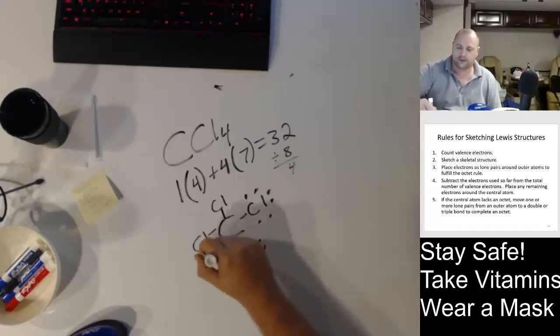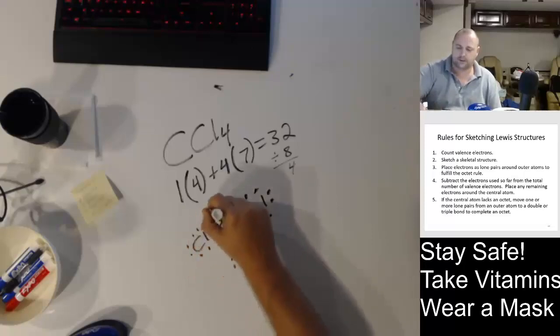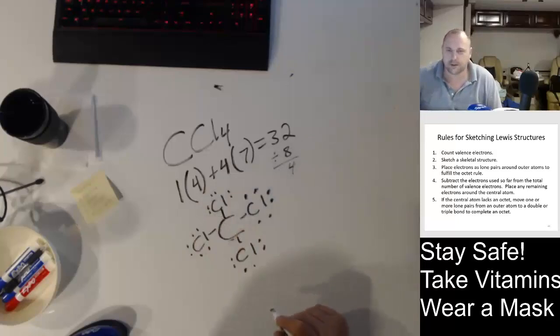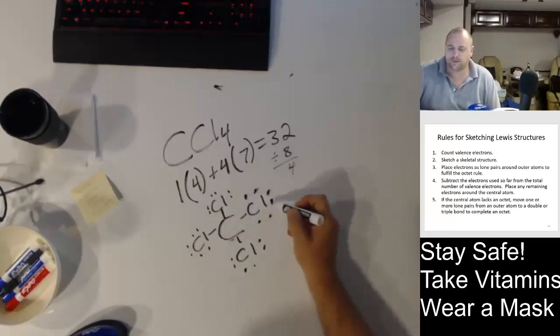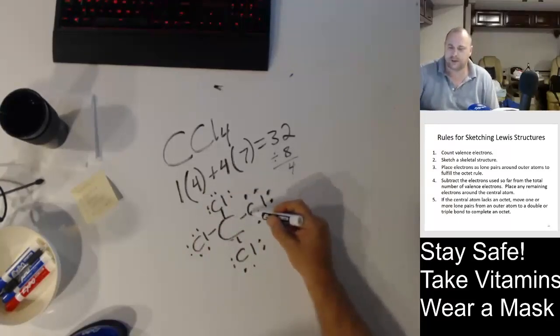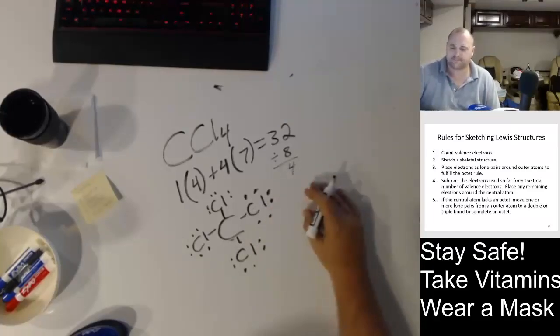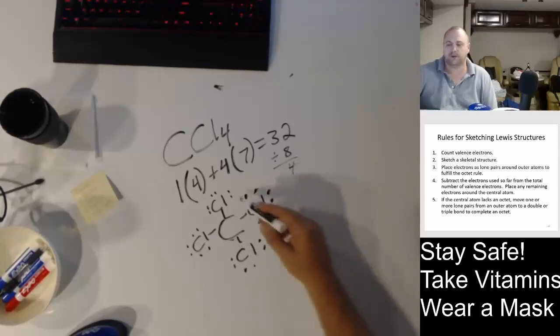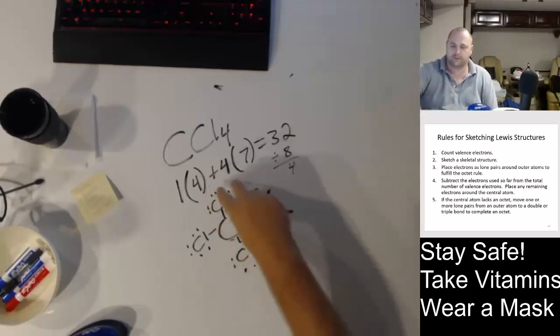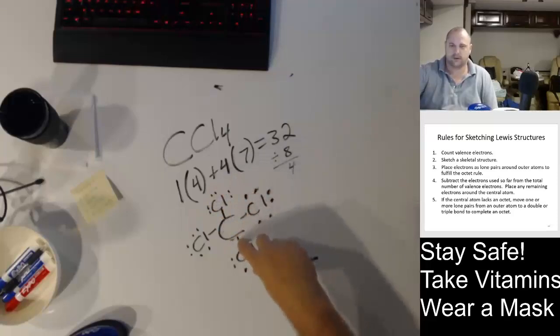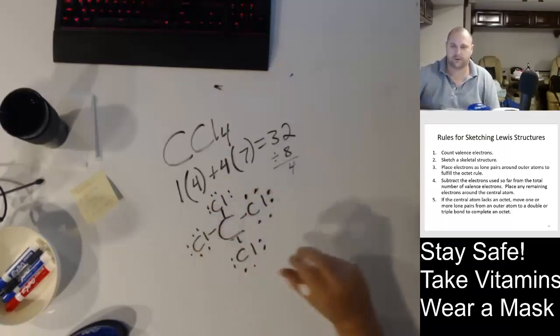And I'm just imagining these boxes around the chlorines. So each chlorine now has 2, 4, 6, 8 electrons. Now I've used all 32 electrons. Okay, so instead of subtracting them all, I can count these pretty fast. Here's 8, 16, 24, 32.